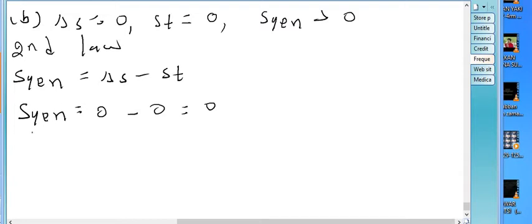But we got the entropy generated equal to 0, which indicates that the condition violates the second law of thermodynamics, because in the given condition the entropy generated is greater than 0. But when we apply the second law to the condition, we get that the entropy generated is equal to 0, meaning they do not coincide.